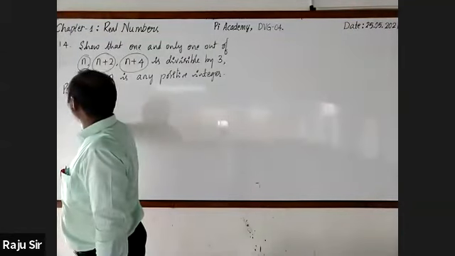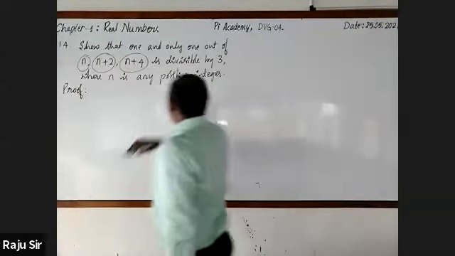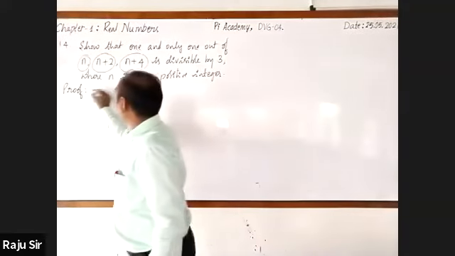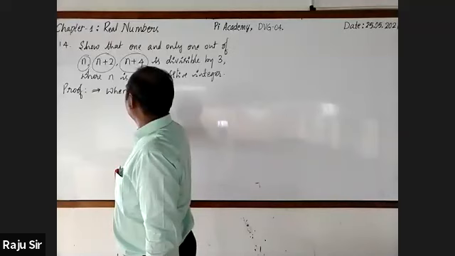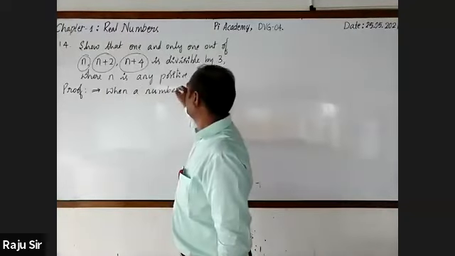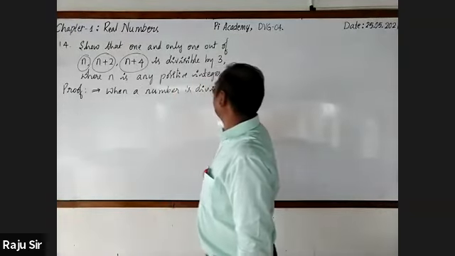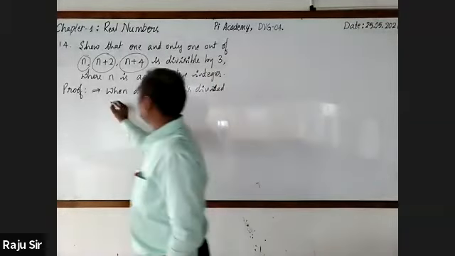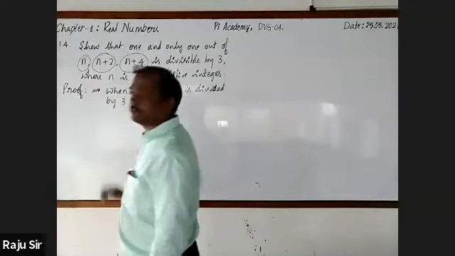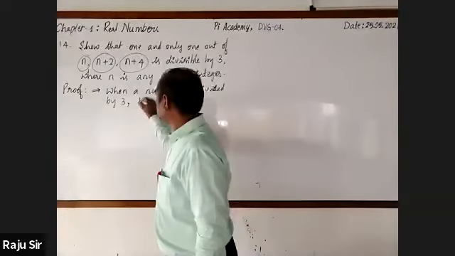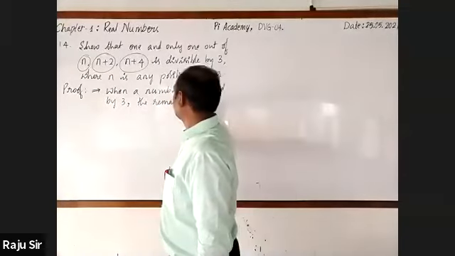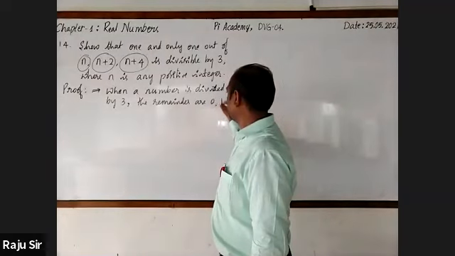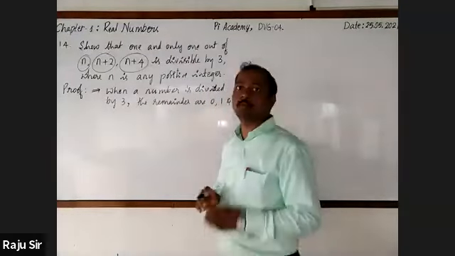Proof. When a number is divided by 3, the remainders are 0, 1 and 2. This is one thing.